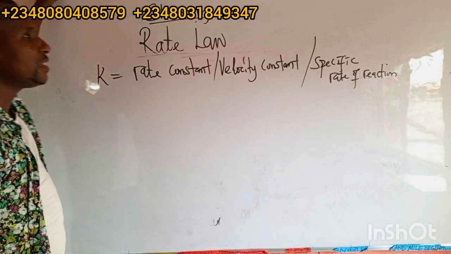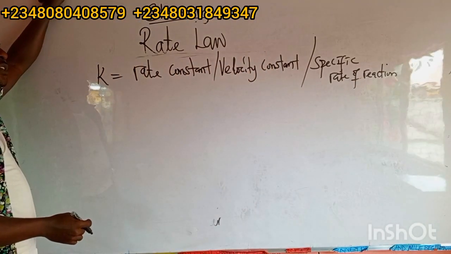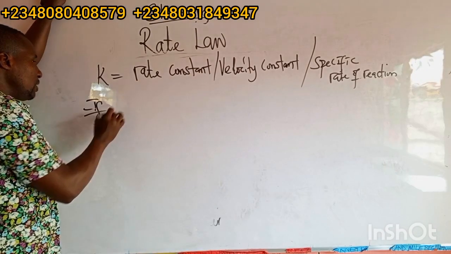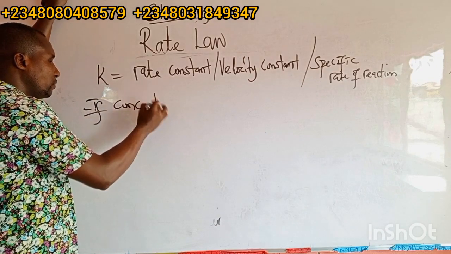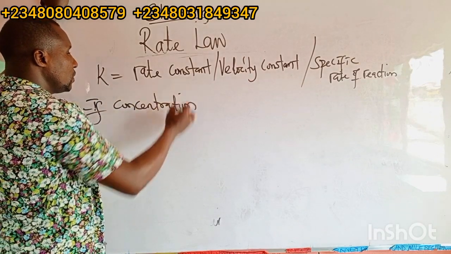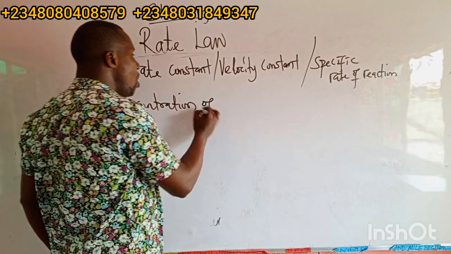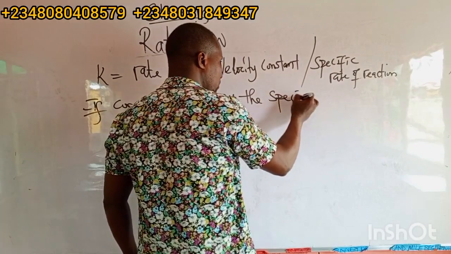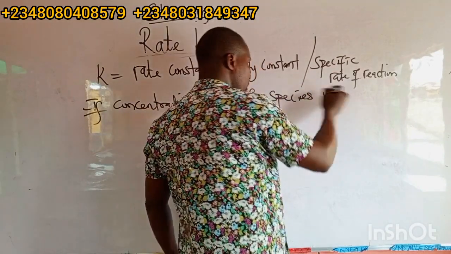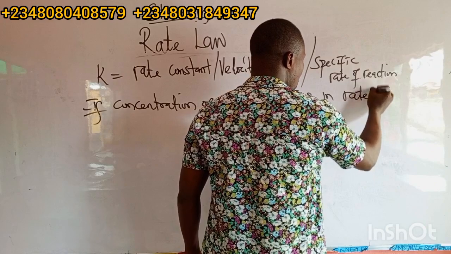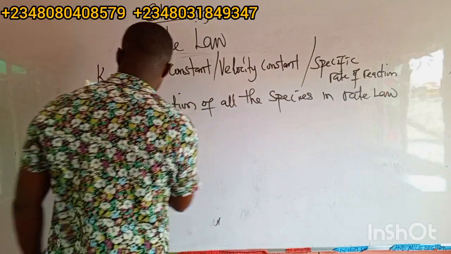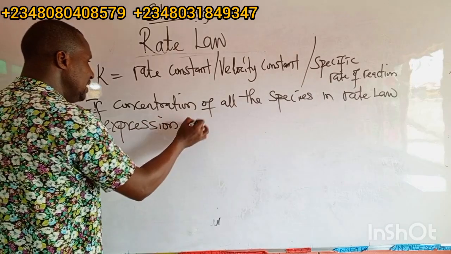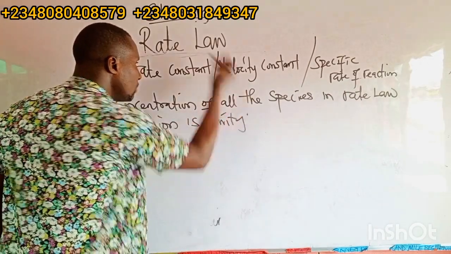What is the meaning of specific rate of reaction? Specific rate of reaction simply means, take note, if the concentration of all the substances or species in the rate law expression is unity, take note of that.